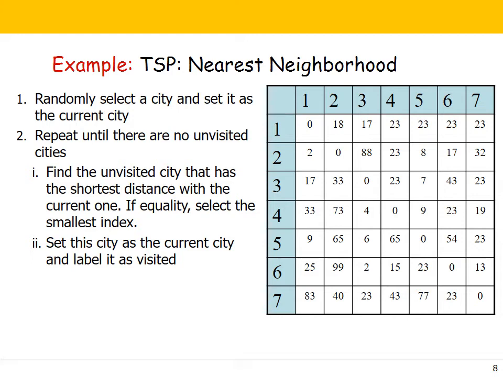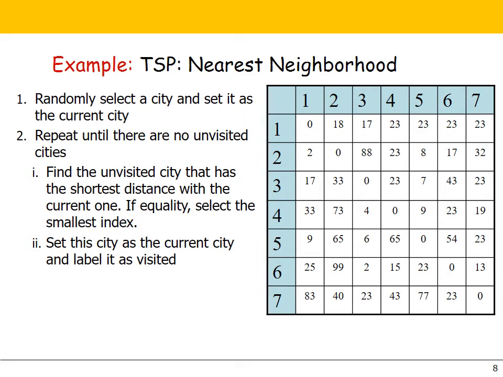You can select one of them randomly and continue with that. But here we have a rule, we need to follow this rule. And in the second step here, set this city as the current city and label it as visited. And then return back to step 2 and continue until there are no unvisited cities.